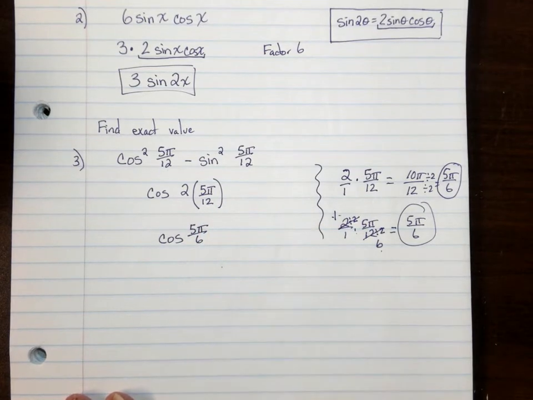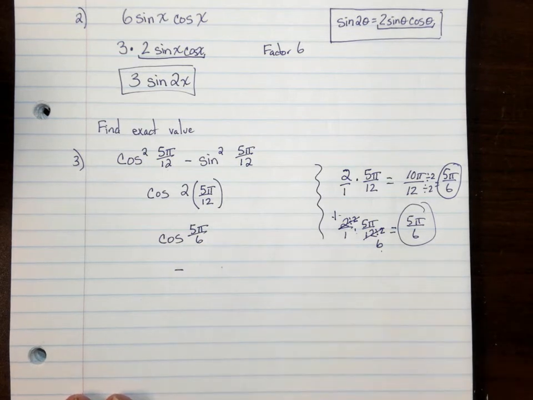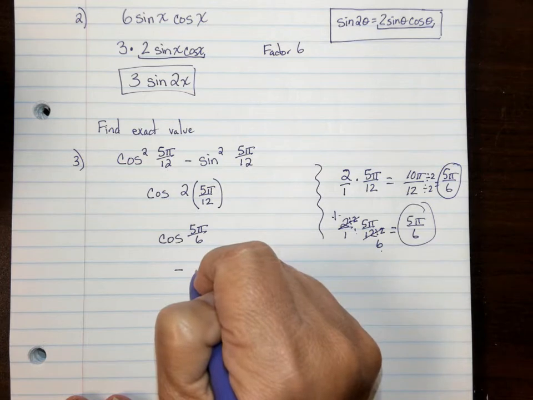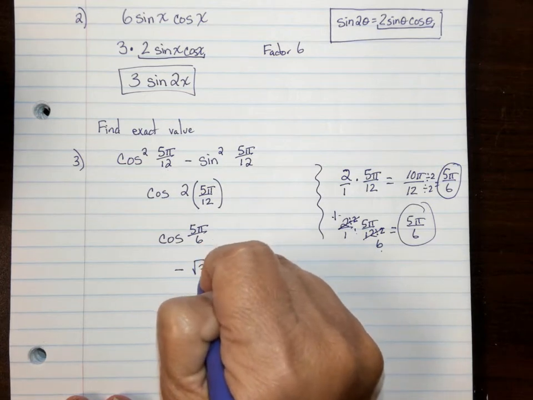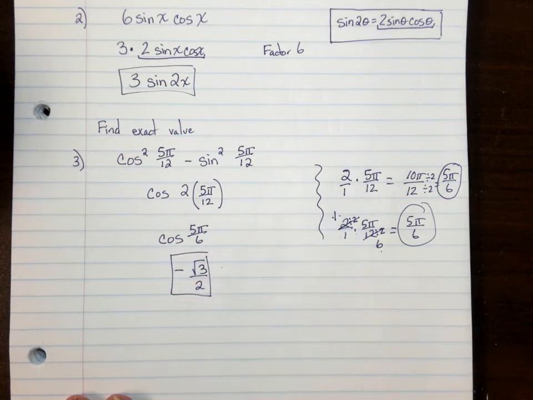5 pi over 6 is a standard angle on our unit circle. 5 pi over 6 is in the second quadrant, and we know that the cosine in the second quadrant is negative. And if you have memorized your unit circle, it's negative square root of 3 over 2.